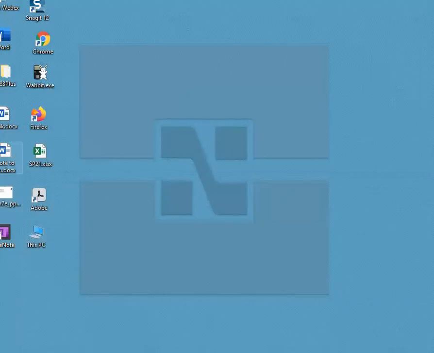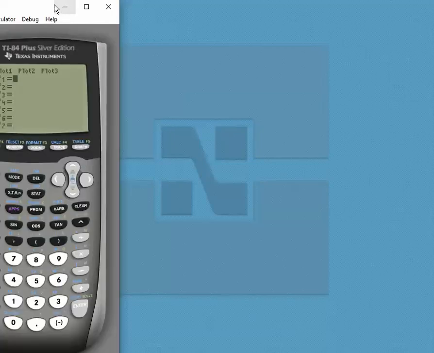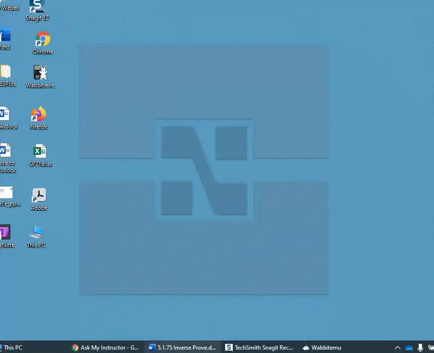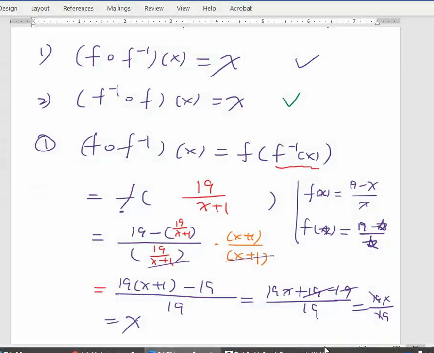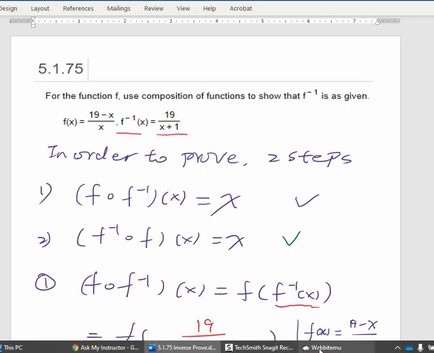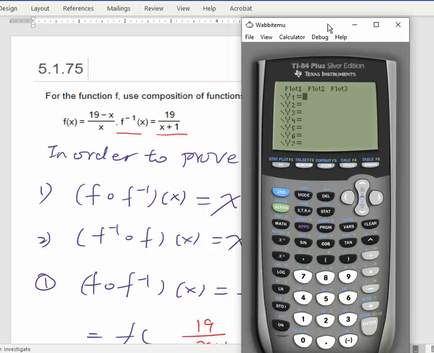If you look at the calculator, I'm going to show you a little bit here. If I plug these two functions into the calculator, this one is 19 minus x over x.